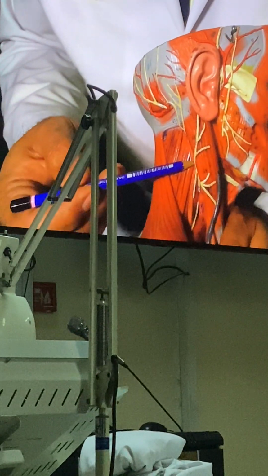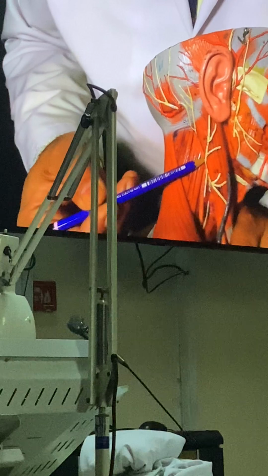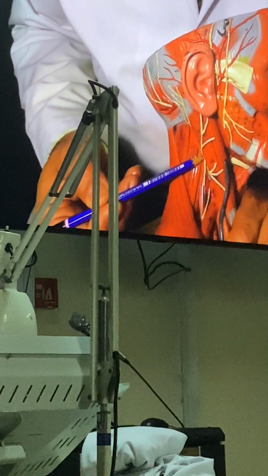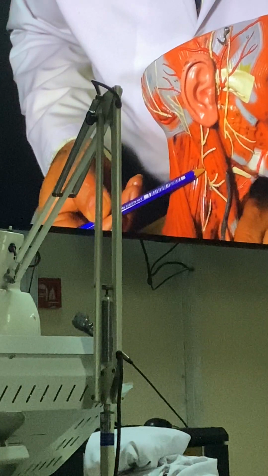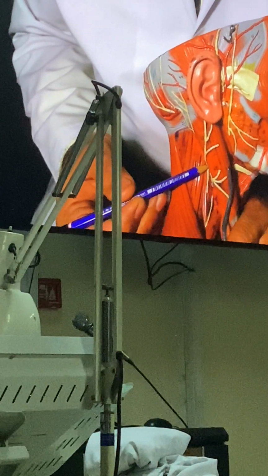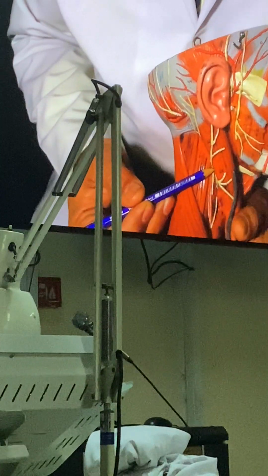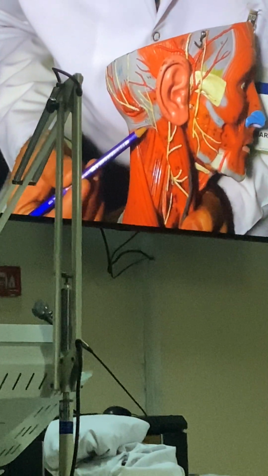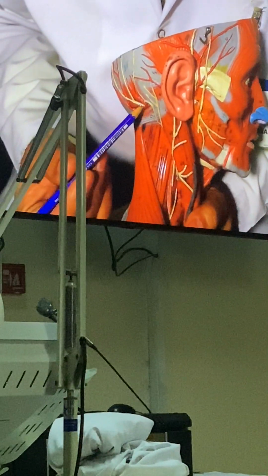You can see that at the middle of the posterior border of the sternomastoid muscle, approximately here, you have the origin of 4 cutaneous nerves of the side of the neck, in which one of them from this point will ascend up as the lesser occipital.